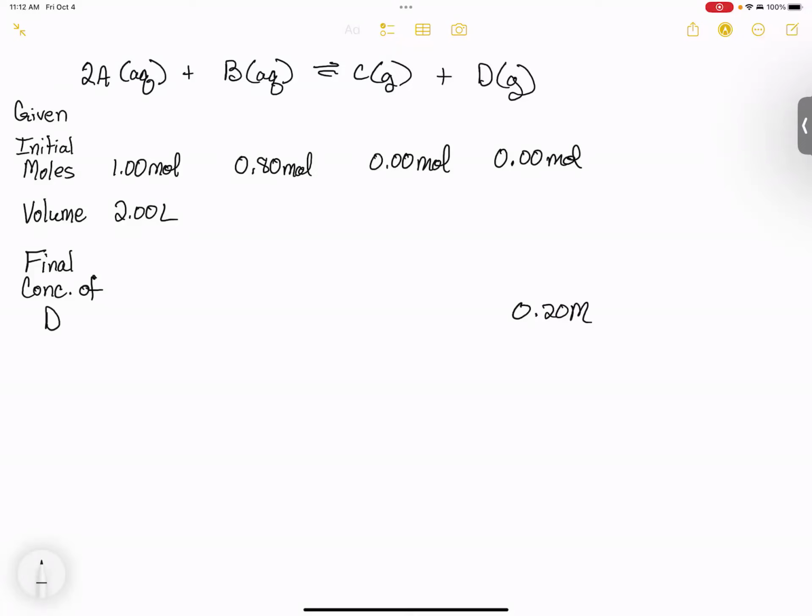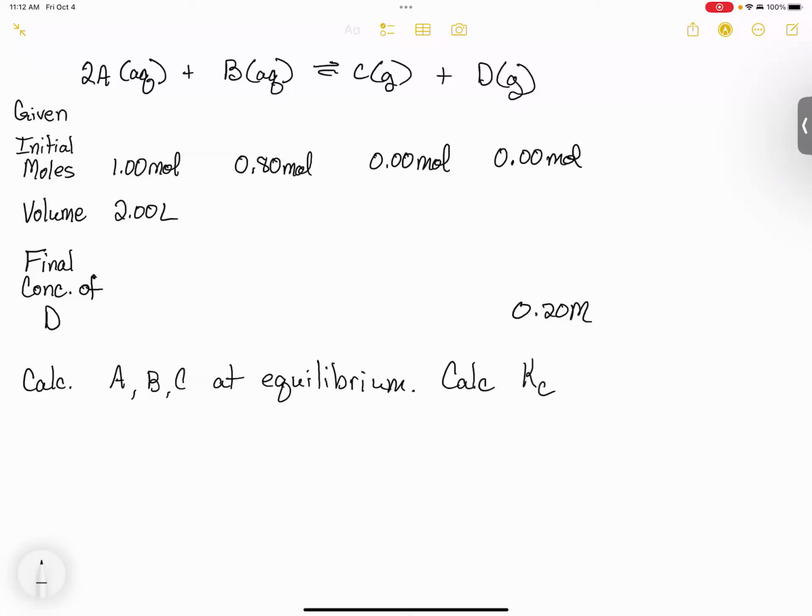Okay, and I have been asked to calculate A, B, and C at equilibrium, and to calculate the equilibrium constant Kc.